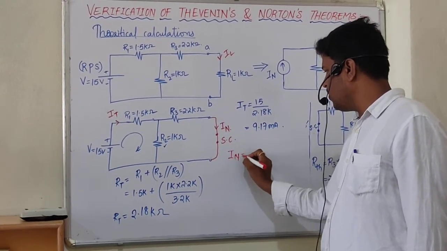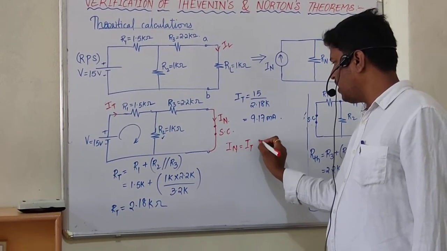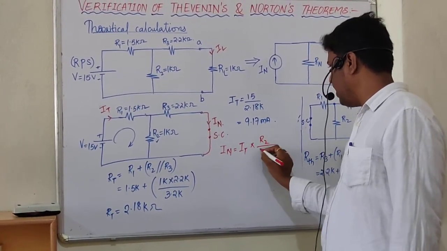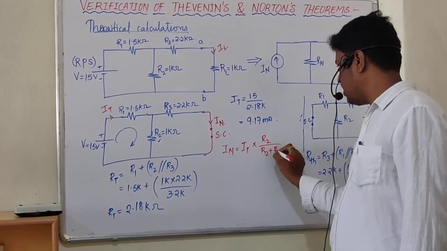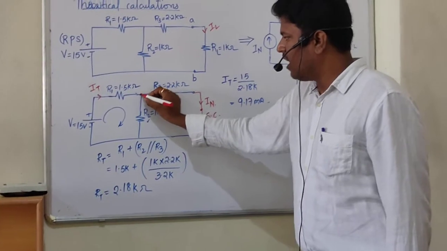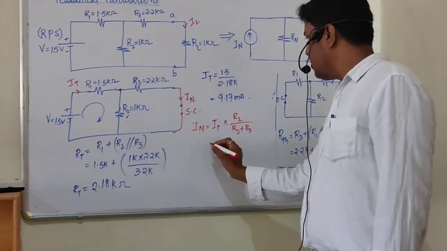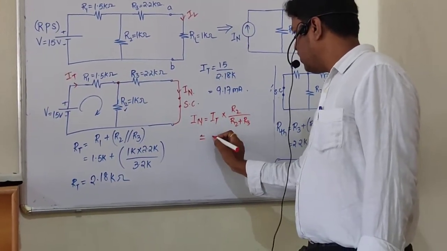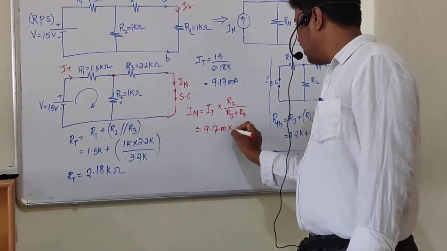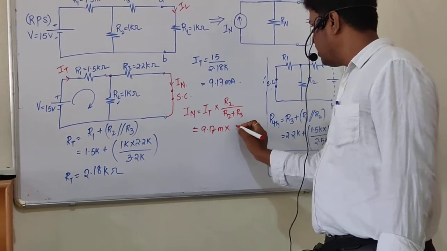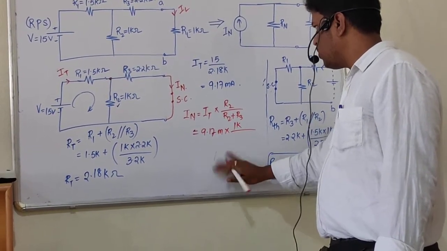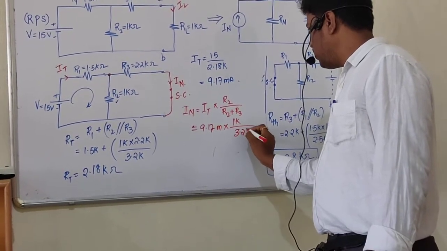IN is equal to the total current times the opposite resistance, that is R2 divided by R2 plus R3, the sum of those two resistances among which the current is divided. Right? So here IT we know is 9.17 milliamperes, times the R2 value of 1 kilo divided by 1K plus 2.2, which is 3.2K.